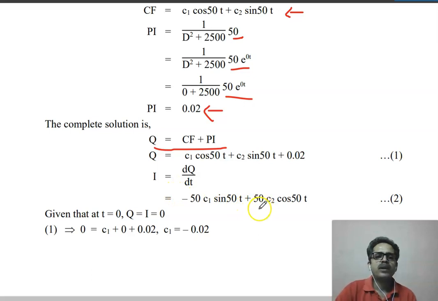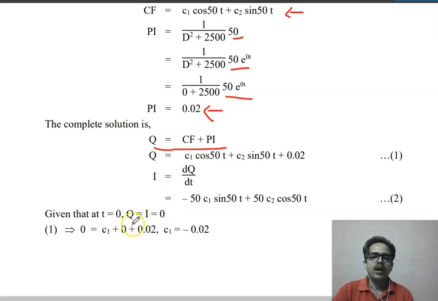Now we are given the condition that at time t is 0, both I and q are 0. So we have two conditions. Q is 0 when t is 0. Second condition, I is 0 when t is 0.